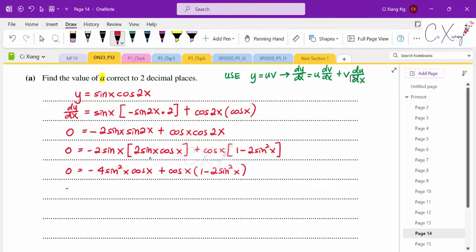Okay, so from here, you can see that there's a common term that I can factorize out, which is the cos x. If I factorize out the cos x, I'm having negative 4 sine square x in front, and then 1 minus 2 sine square x at the back.